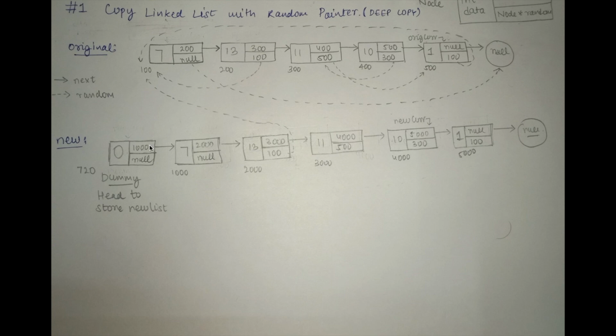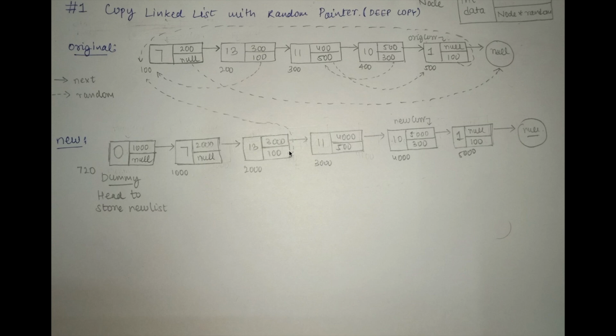But the question is, how do we do this? Copying the data from the original to the new nodes worked for us till now. But can we also do the same for random pointers? Let's see what happens if we copy the random pointers from the original nodes to the new nodes. We copy the random pointer of this node to its corresponding new node. Here the memory address 100 is going to get copied.